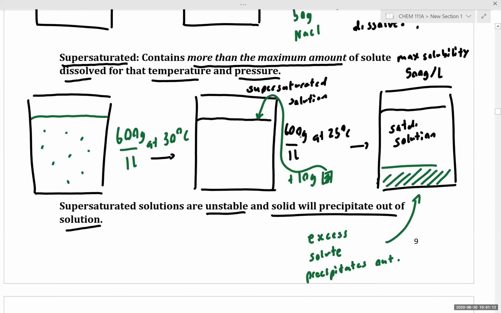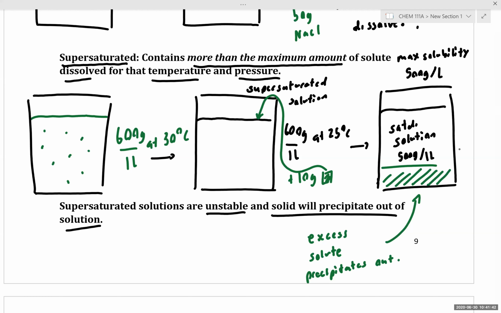Addition of a little bit more solute causes the solution to precipitate out, to kick out all of its extra solute, and we're left with a saturated solution where we have 500 grams per 1 liter, and we have our remaining excess solid precipitated out. Does this make sense to everyone?